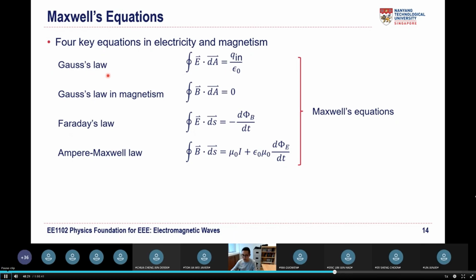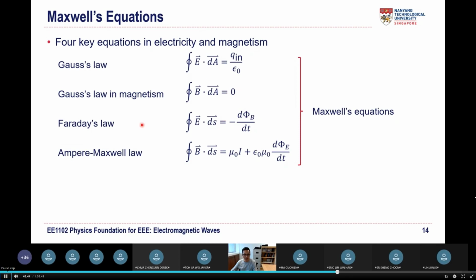So we talked about Gauss's law. This is how the flux through the Gaussian surface is going to be proportional to the net charge enclosed in that surface. Gauss's law in magnetism says the net magnetic flux through a Gaussian surface is going to be 0.